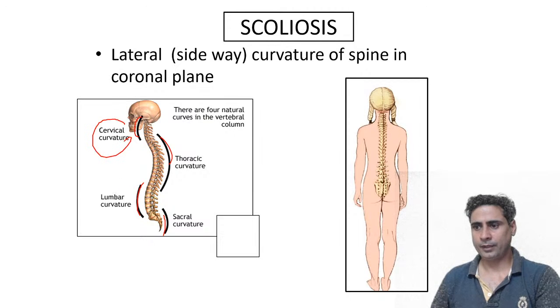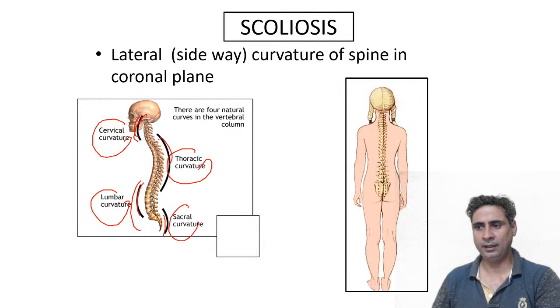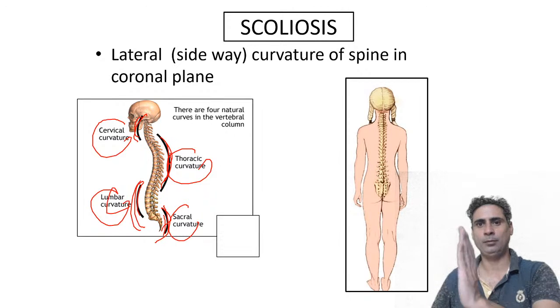Cervical spine and lumbar spine are lordotic, having convexity anteriorly, whereas dorsal spine and sacral spine are kyphotic, with convexity posteriorly. So this is in the sagittal plane.